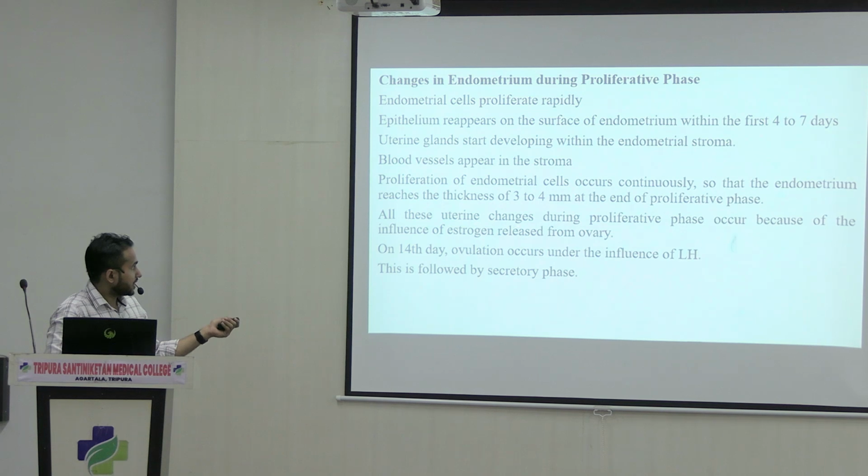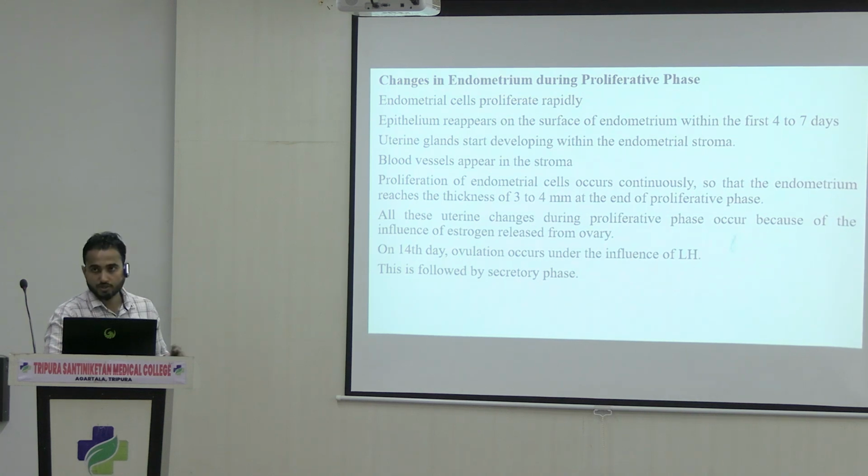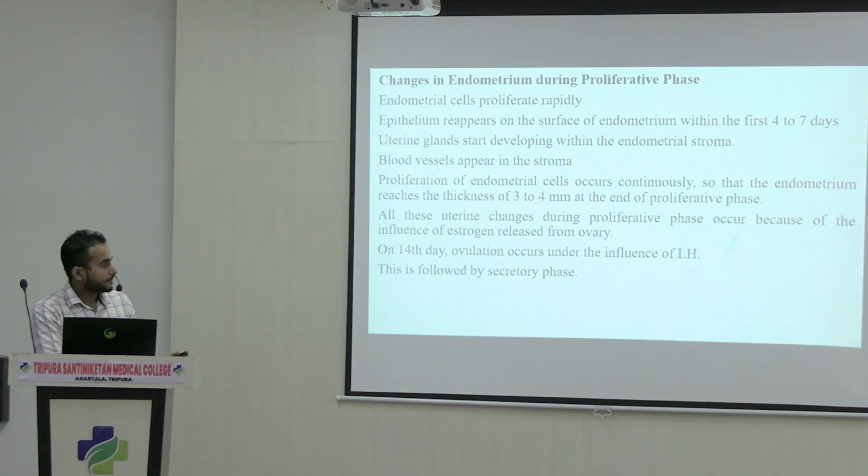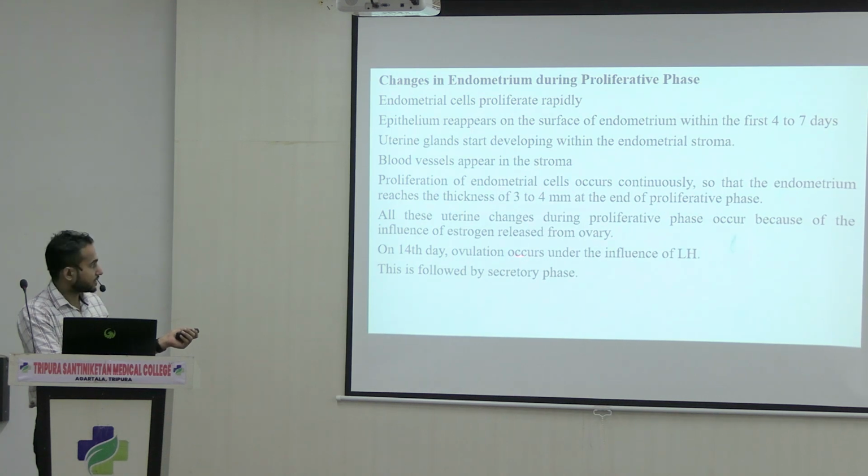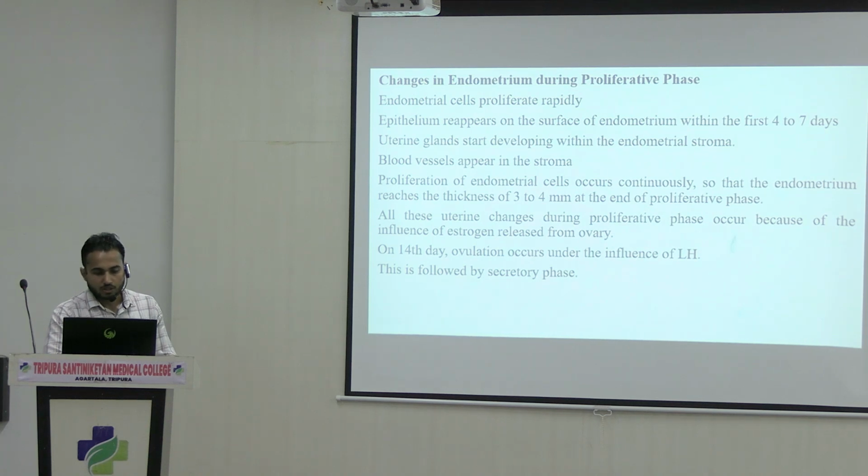Now the uterine changes during the proliferative phase occur because of the influence of estrogen, which is released by the ovary, especially by the granulosa cells of the ovaries. Next, on the 14th day, ovulation occurs under the influence of the LH hormone, and this is followed by the secretory phase.